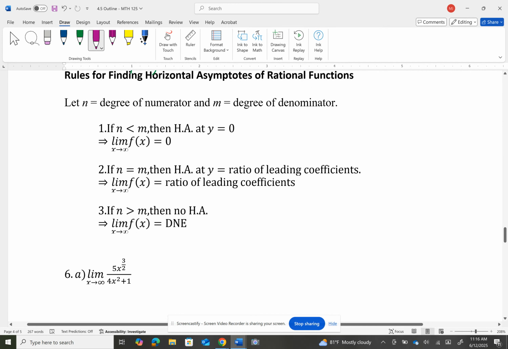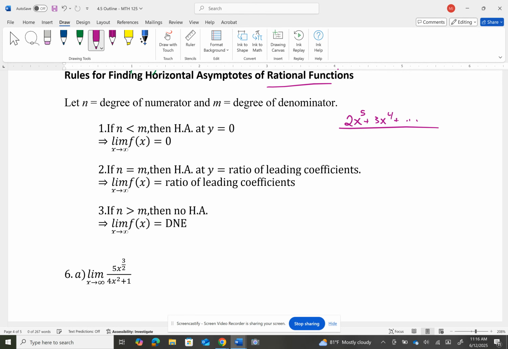All right, so if we had a rational function, let me see which one's going to be which. If n is the degree of the numerator, what it means is you've got a rational function, and it might be something like 2x to the 5th plus 3x to the 4th plus... It can have a whole bunch of terms in it.